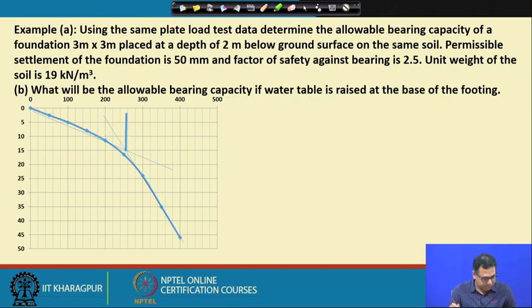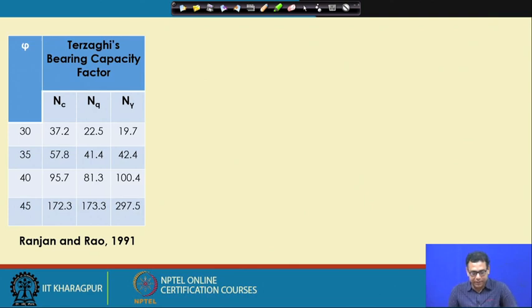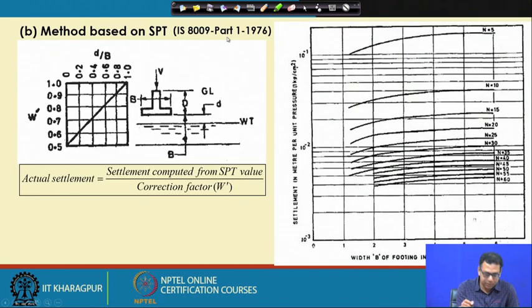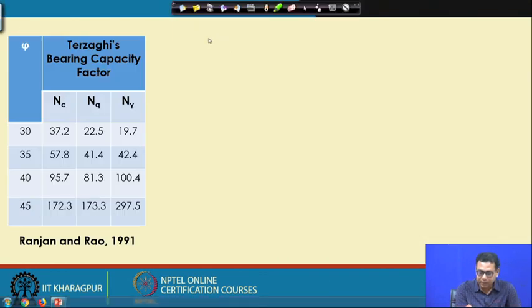So, how can I calculate that value? If I use Terzaghi's bearing capacity expression, I know that Terzaghi's bearing capacity expression is QU is equal to cNc plus qNq plus half B gamma N gamma.